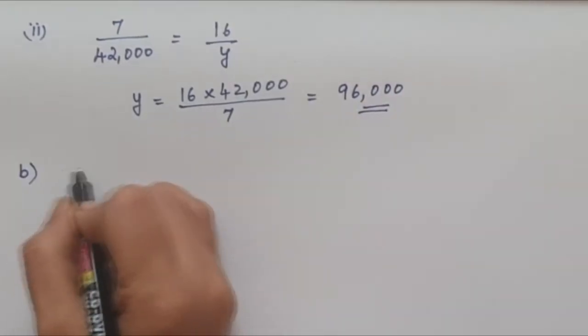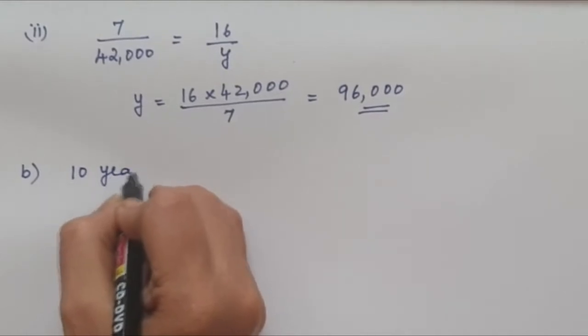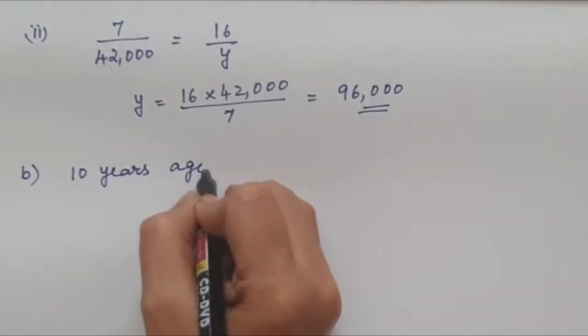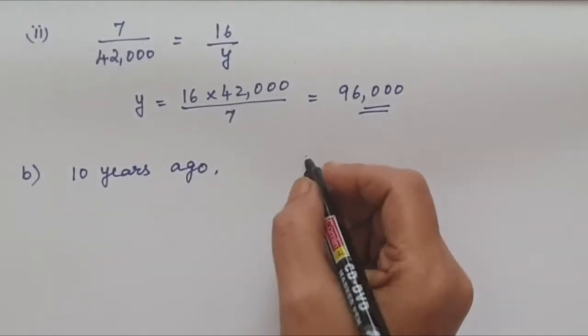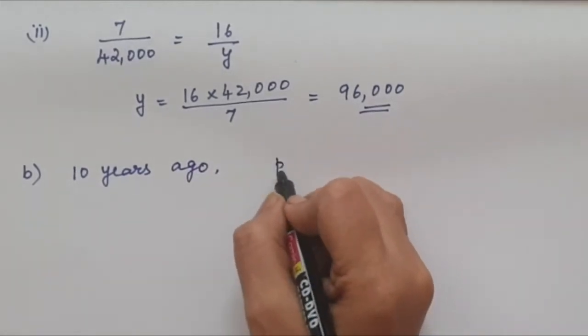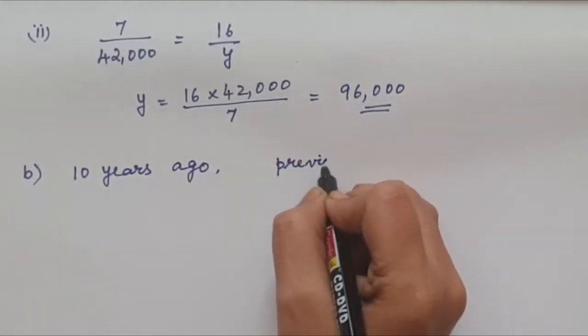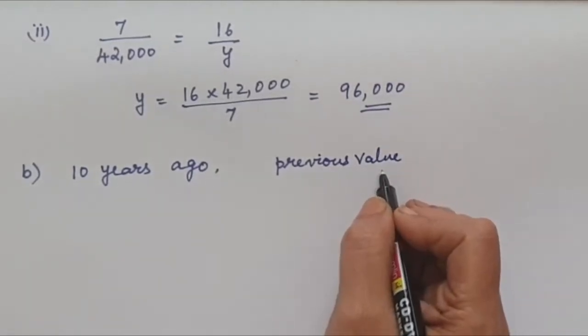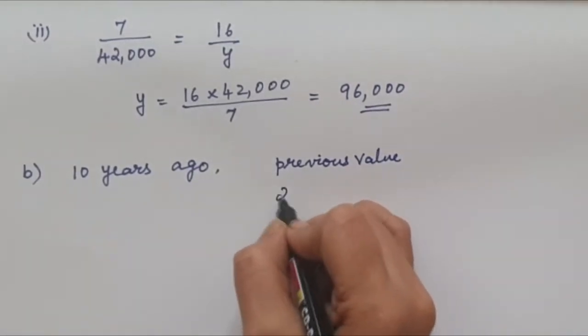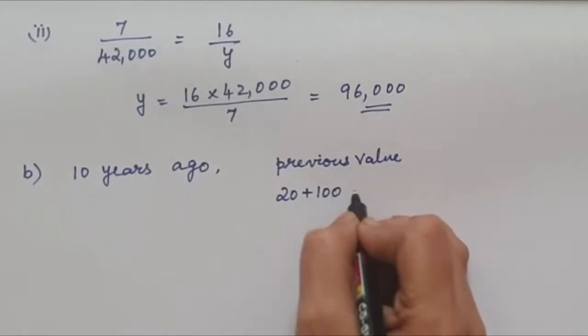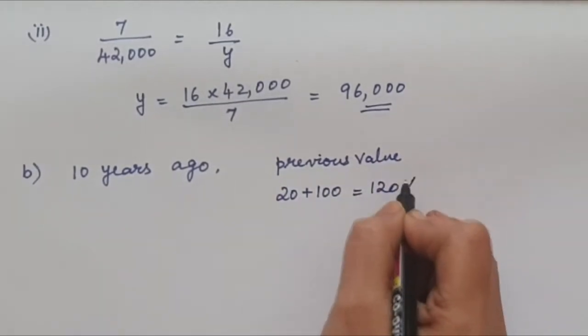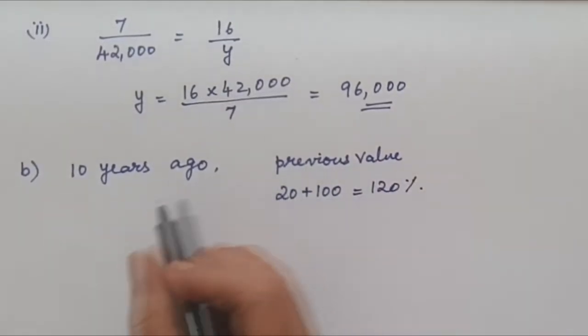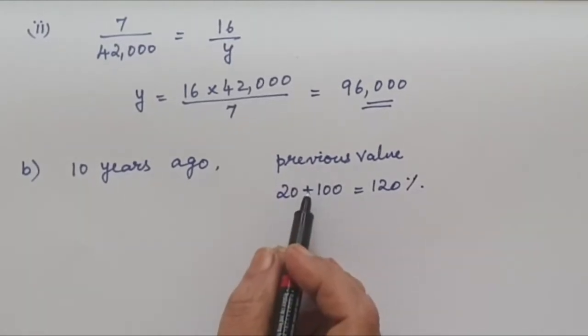Now we have to find the value 10 years ago in this part. In order to find the value 10 years ago, we are finding the previous value. This is a reverse percentage and it is a percentage increase. So 20 plus 100 will give us 120 percent. Since it's a reverse percentage, we are finding our previous value.